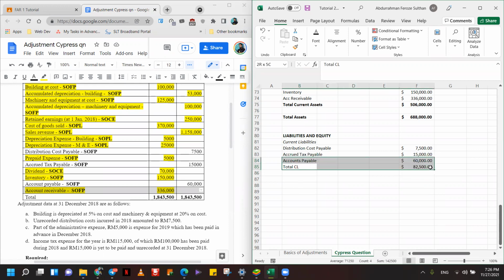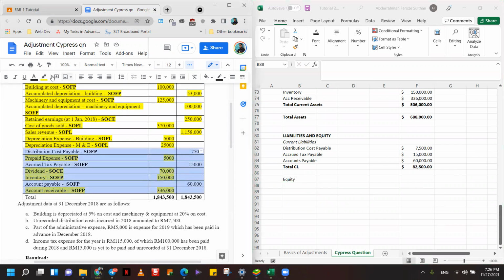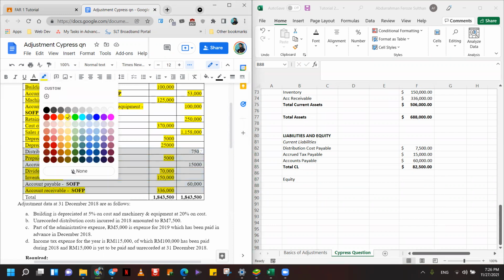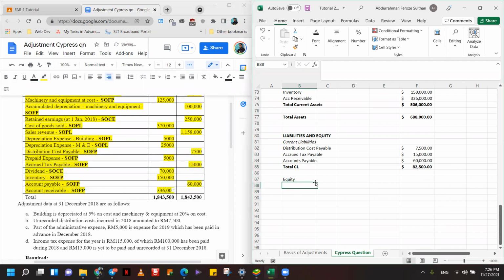And then we have equity. All right. Under equity, we have share capital.